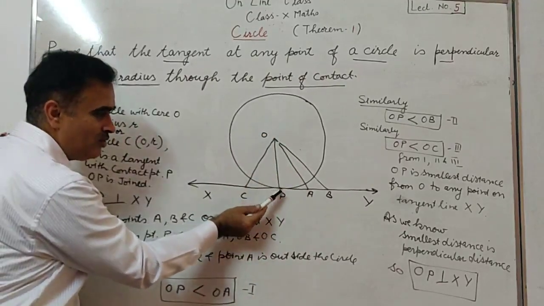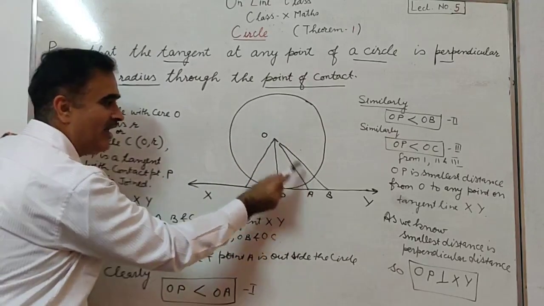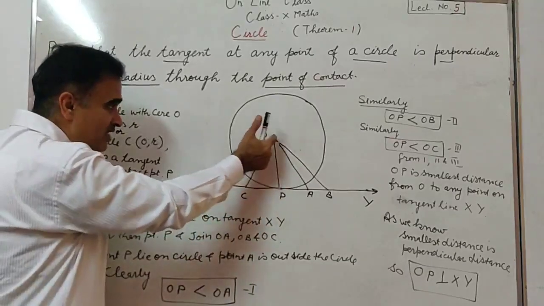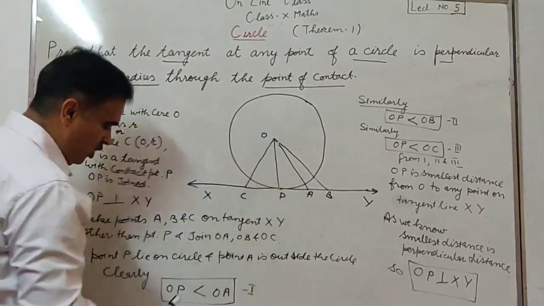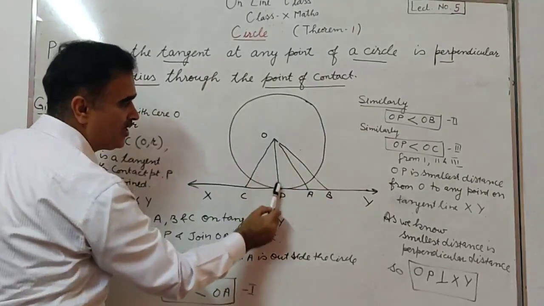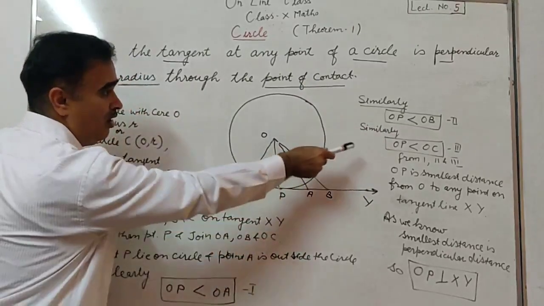Here you see, P is a point on the circle, and A is outside the circle. So clearly you will find that OP, the distance from O to P, is smaller than the distance OA. In the same way, OP is smaller than OB, and OP is smaller than OC.